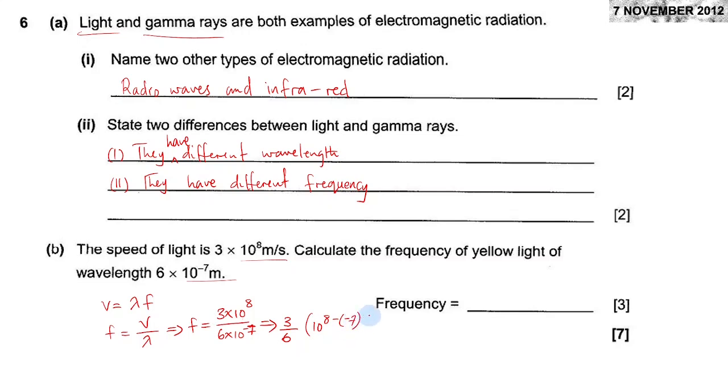Yeah, I think this is how we do it. 6 into 3 will be 0.5 times 10. Then negative, negative is positive, so it will mean 8 plus 7, which gives us 15, so it will be to the power 15. So that will be the answer.